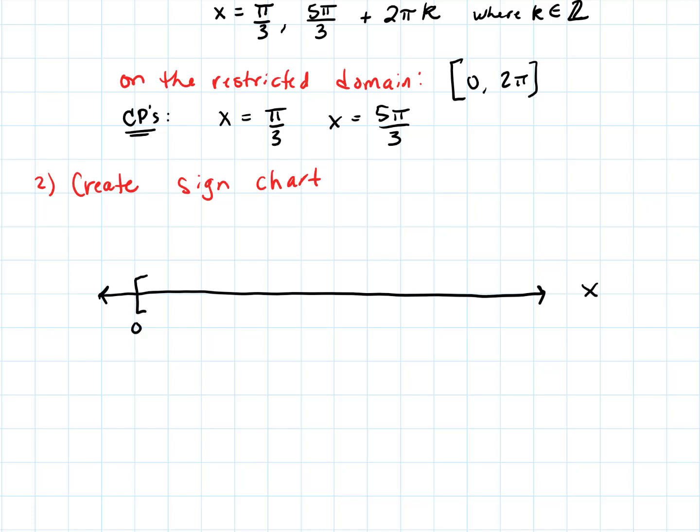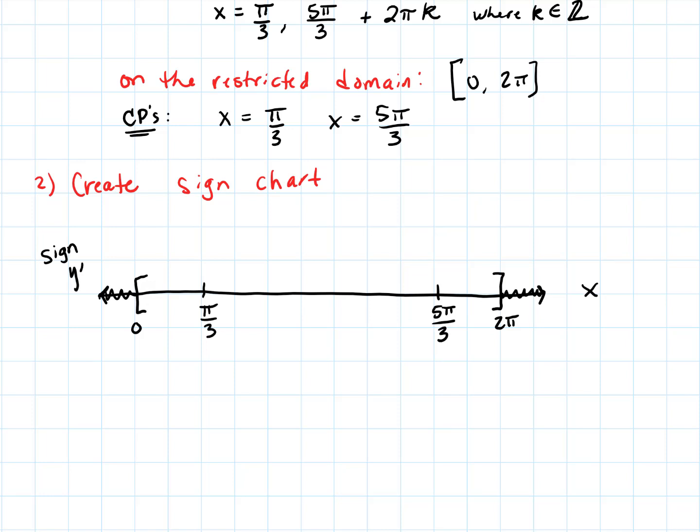We are only looking at it from 0 to 2 pi, because that's the restricted domain. So, even though this function does go across the entire number line, we are only looking at it on this little portion from 0 to 2 pi. On that portion, we put in our critical points. So we've got pi over 3 and 5 pi over 3. We are looking for the sign of the derivative, sign of y prime.